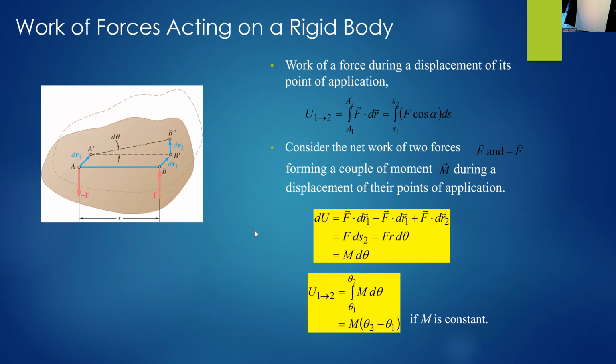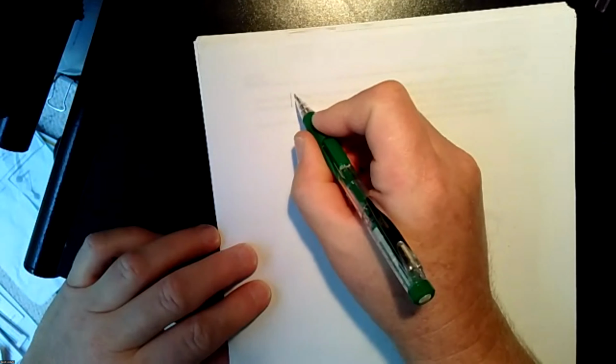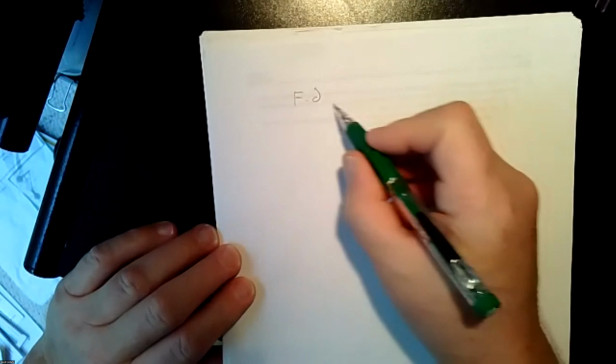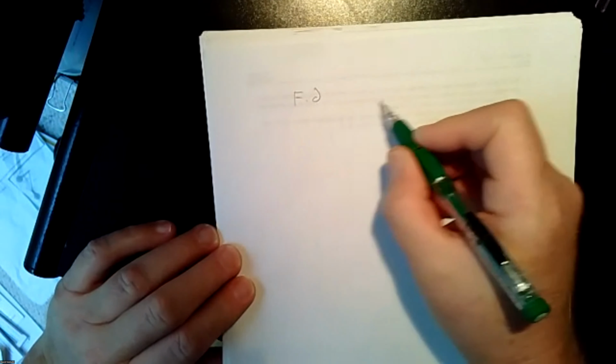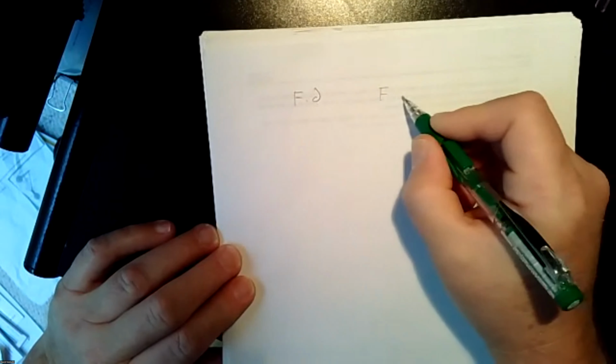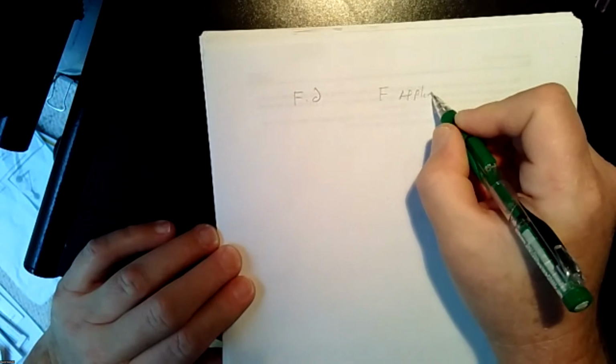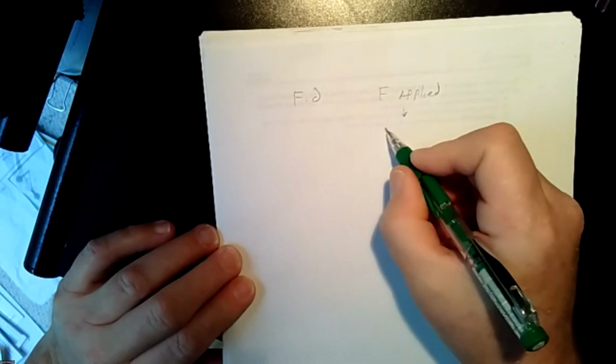So when we did our U1 to 2, you remember that when we had force times distance, that was our energy, right? Usually that was a force applied, or we also commonly looked at it as friction.